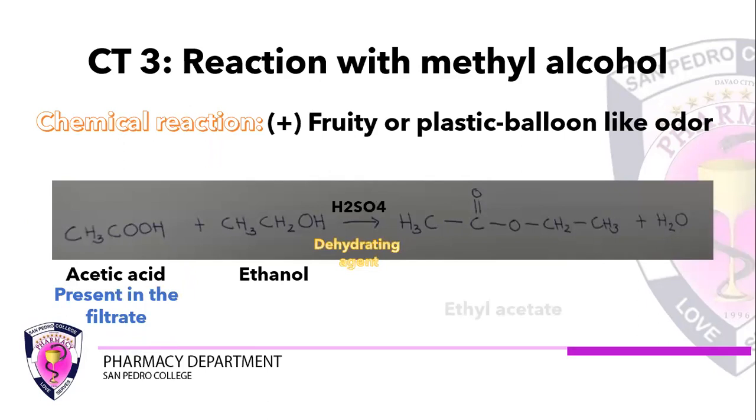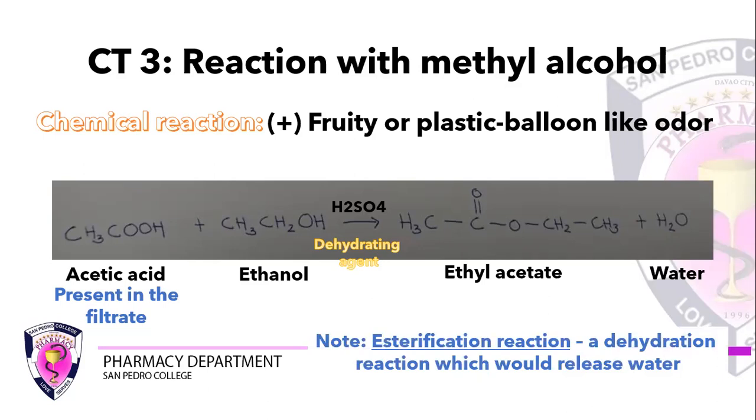So ang dahilan doon, it's because of the formation of an ester, which is ethyl acetate. So once again, this is esterification. It's a dehydration reaction. So we have the dehydrating agent here, sulfuric acid, that produces ester and water as its byproducts. So always dyan na pag esterification, ester and water ang products sa reaction.